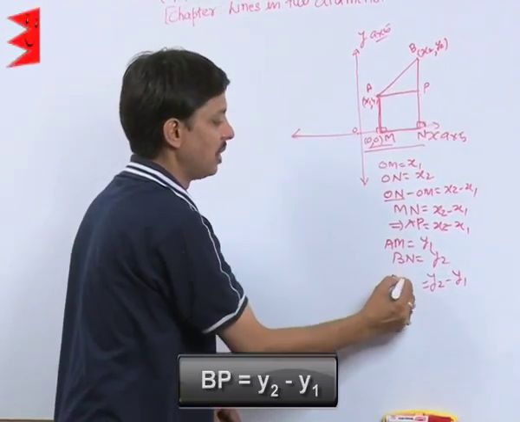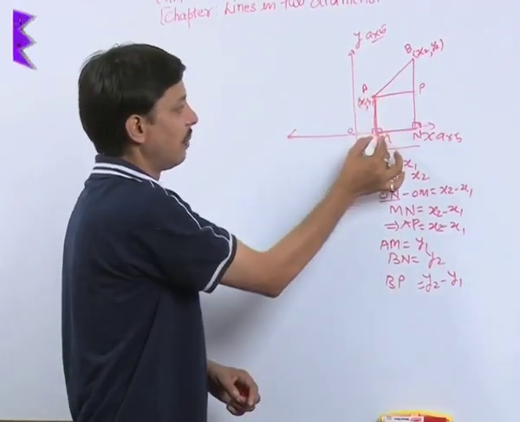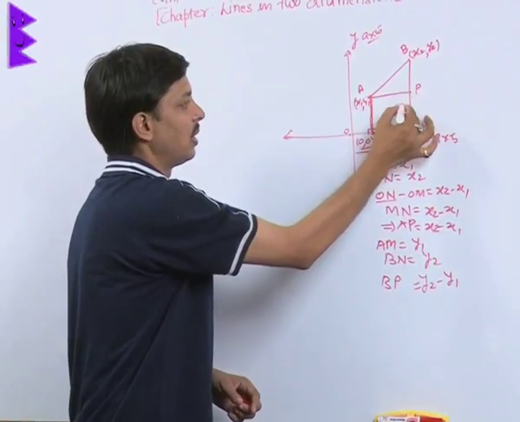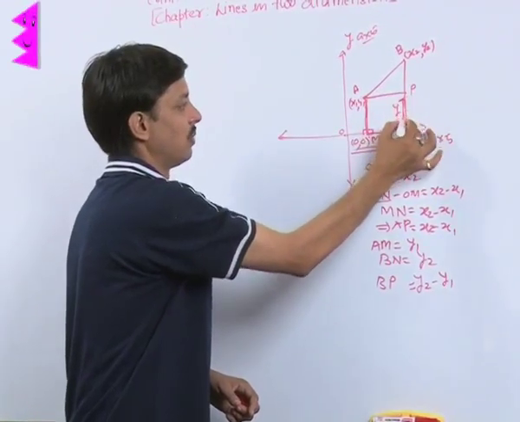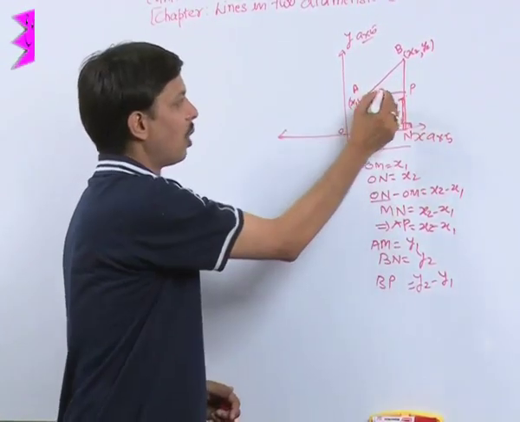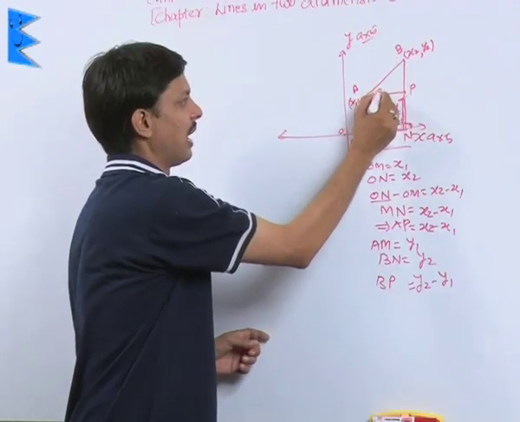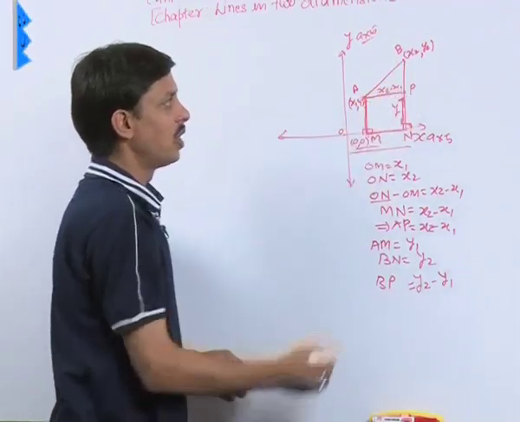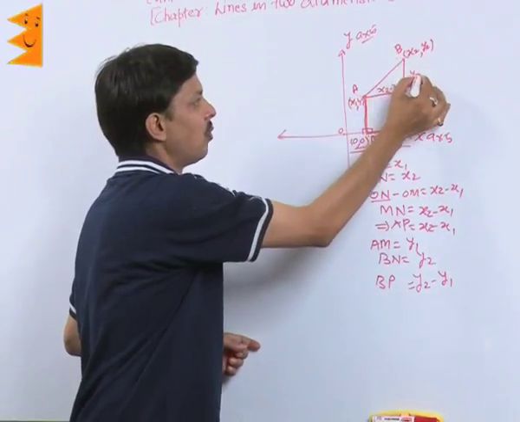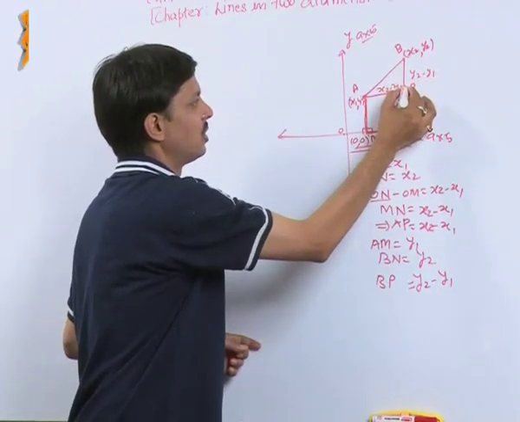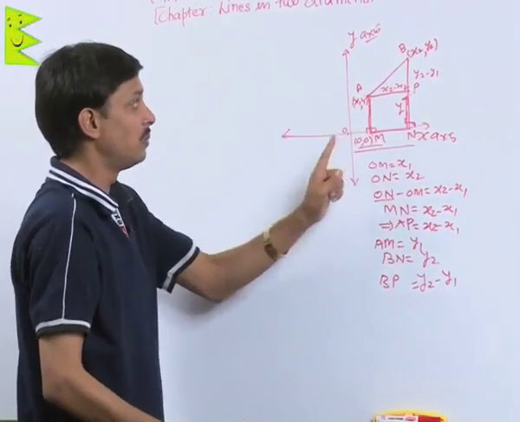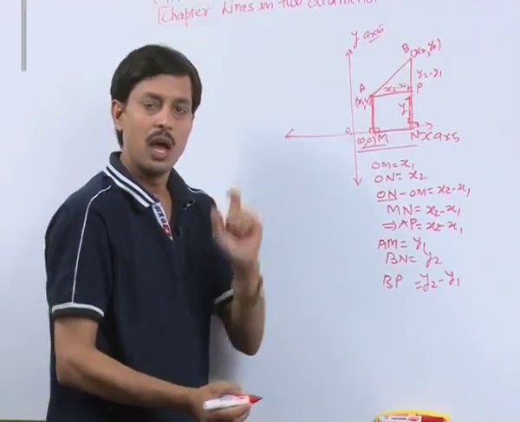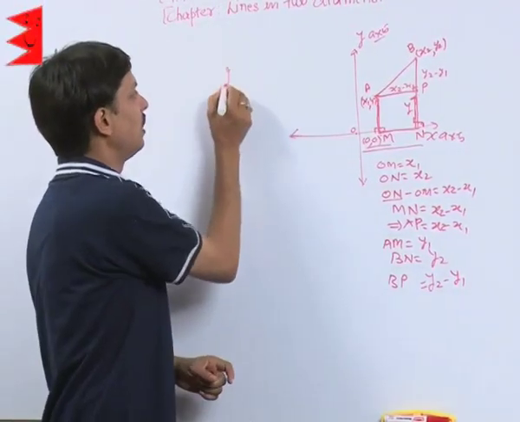Now if we subtract y1 from y2, y2 minus y1 will give us BP, because if AM is y1, then PN is also y1. We have obtained AP as x2 minus x1. We have obtained BP, y2 minus y1. This is a right triangle, APB.